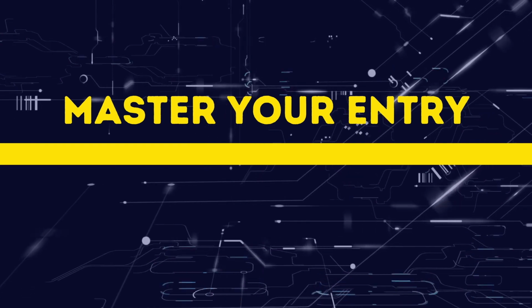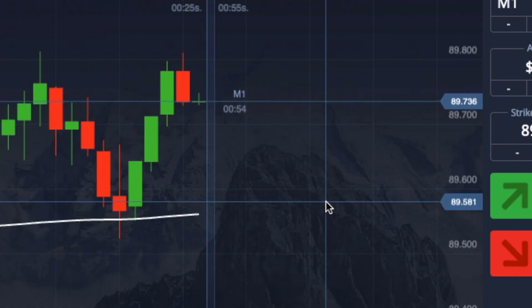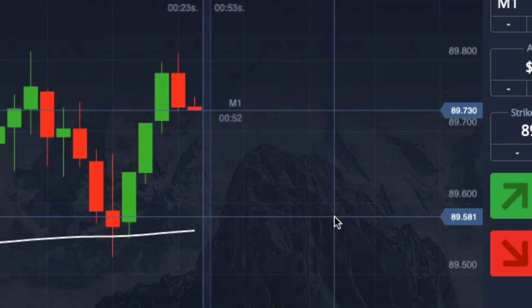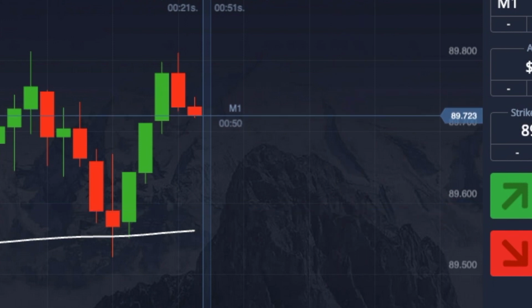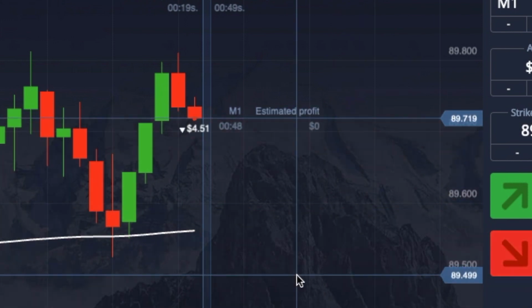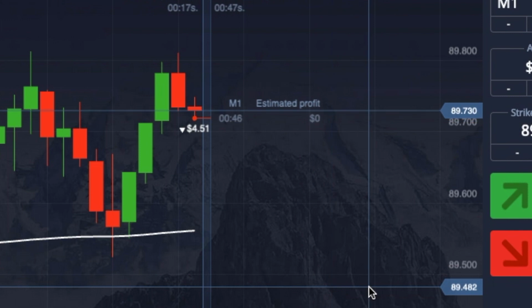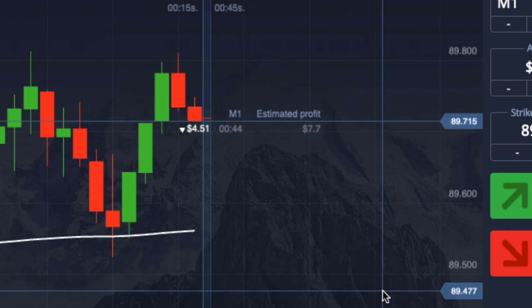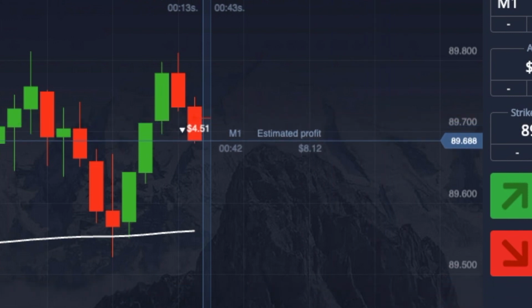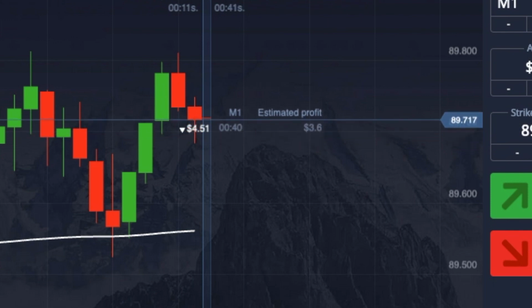Entries. You are looking to enter either at the top of the candle or before it closes, prior to 30 seconds if you are on a 1-minute candle. I've talked about this before, where if you enter late, then the trade will go a little bit longer. On a 1-minute candle, it will go a minute longer if you get in, say, around 22 seconds.